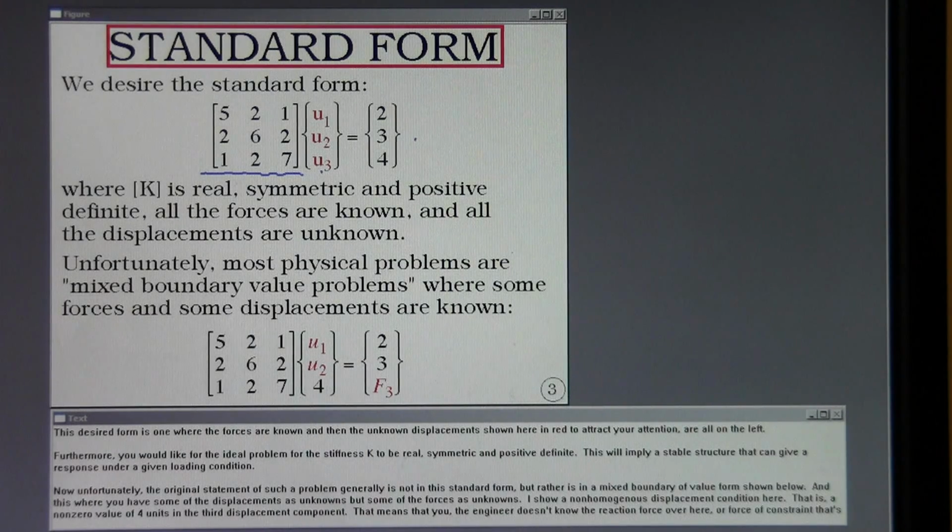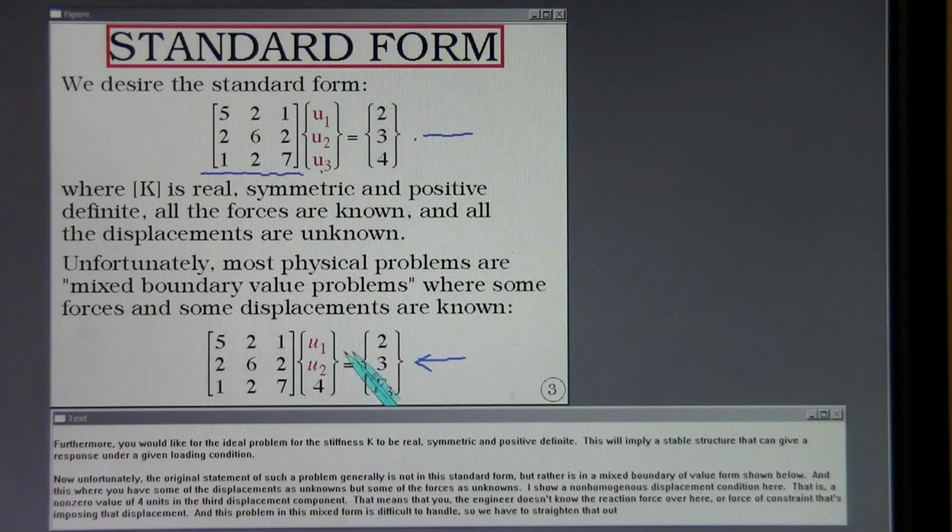Now, unfortunately, the original statement of such a problem generally is not in this standard form, but rather is in a mixed boundary value form shown below. And this is where you have some of the displacements as unknowns, but some of the forces as unknowns. I show a non-homogeneous displacement condition here.